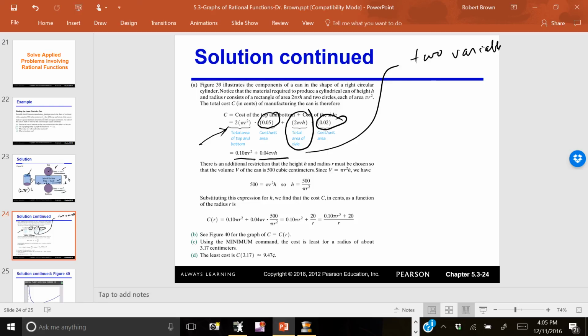However, there is another constraint that says that the volume of the can is 500 cubic centimeters. The volume of a cylinder happens to be pi r squared times h.